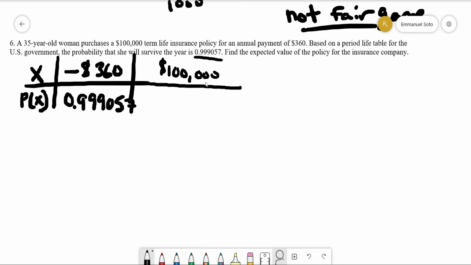And we will actually subtract that by the payment that she makes. So $100,000 minus $360. So that's 99,640.